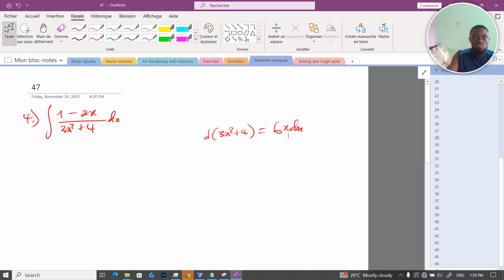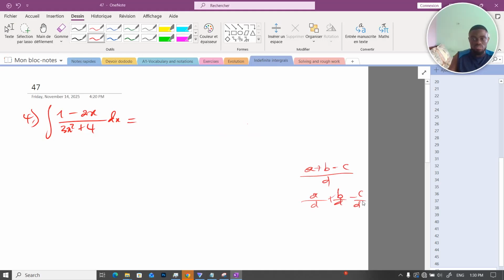So we shall proceed. In order to simplify things, I'll write back this as well. We shall use our rule, which says if you have a plus b minus c all over, let's say d, it is the same as a on d plus b on d minus c on d. Is that okay? So that's what you are going to do. I'll write this back as the integral of what?